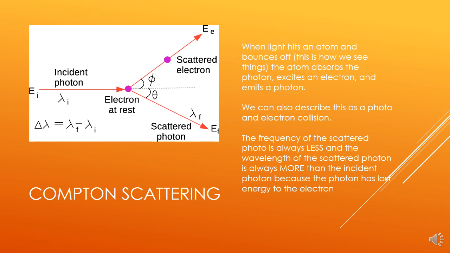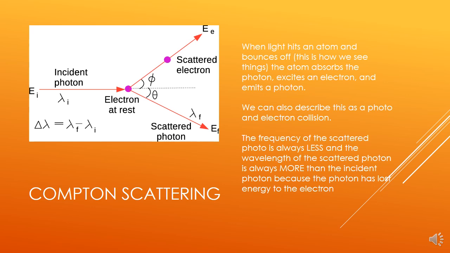And what color it bounces back has to do with the electrons inside the atoms of that object. So we can think of it as atoms absorbing photons and then giving photons off again.